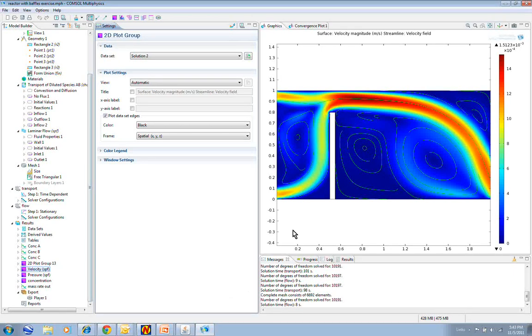So what I want you to do is experiment around. Use your imagination and put in baffles of different configurations. See what you can do in terms of boosting the mass production rate. Of course, when you put baffles in, you're going to cause more resistance to flow, so that will also be a consequence.